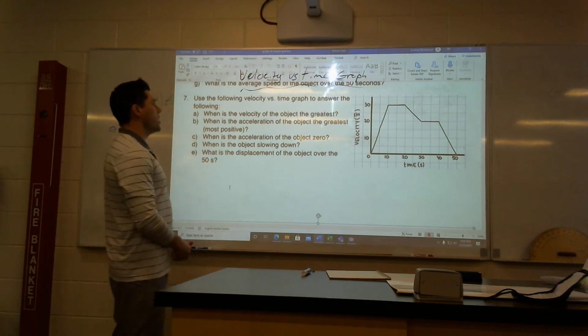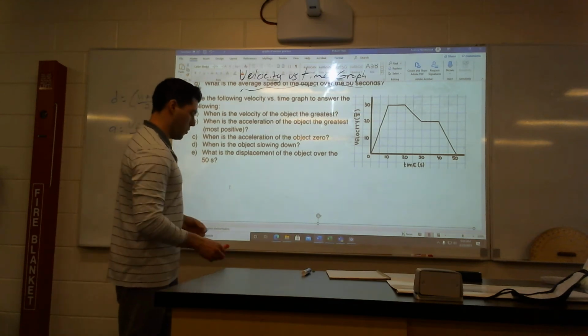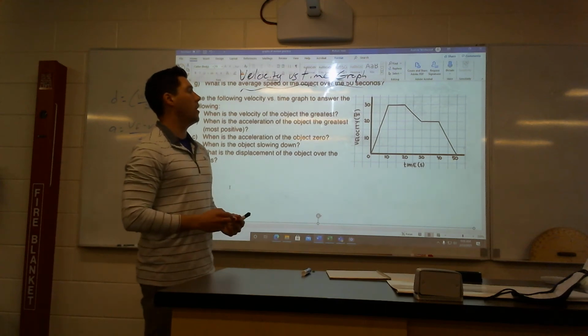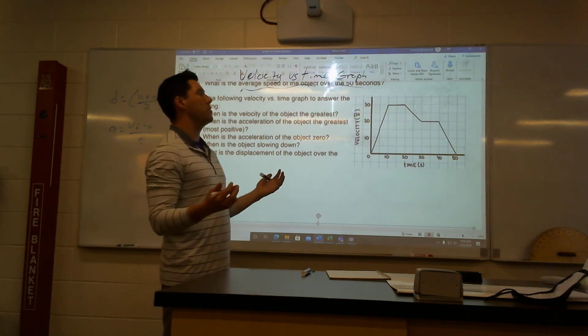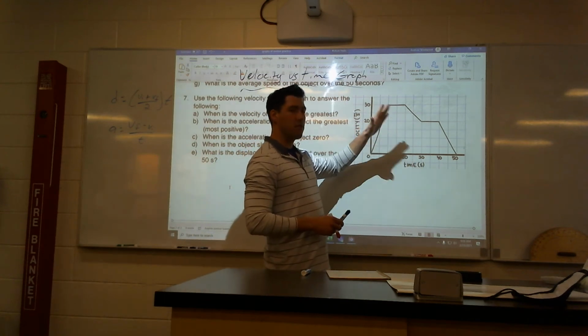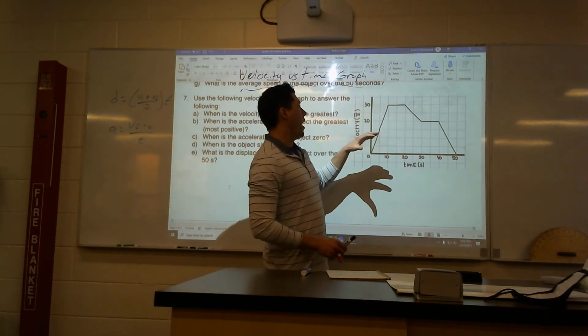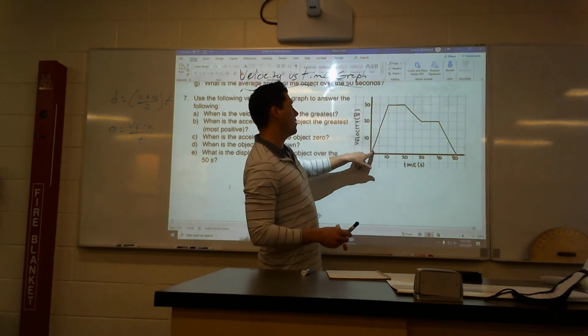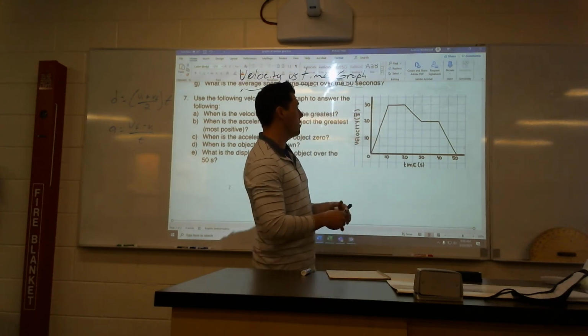When is the acceleration of the object the greatest? So the most positive. Here is where we have to calculate our acceleration. You can probably tell right away when my greatest acceleration is, because that's basically my slope. Acceleration is the change of velocity. Where does it look like the graph is changing the most? Looks like it's changing the most right here.